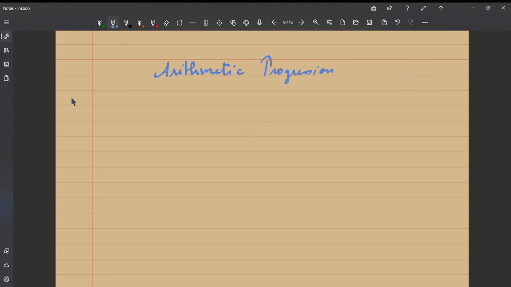So the first example, let's take 0, -4, -8, -12 and so on. We'll have to check whether it's an arithmetic progression or not.